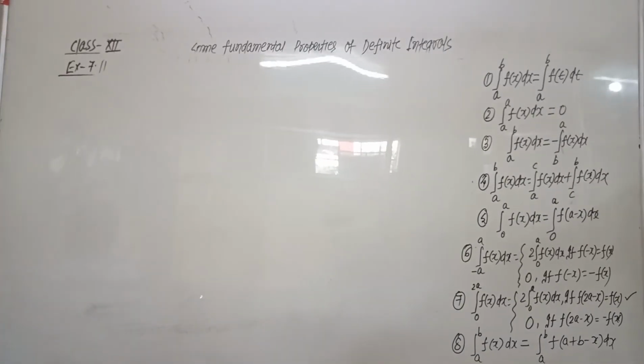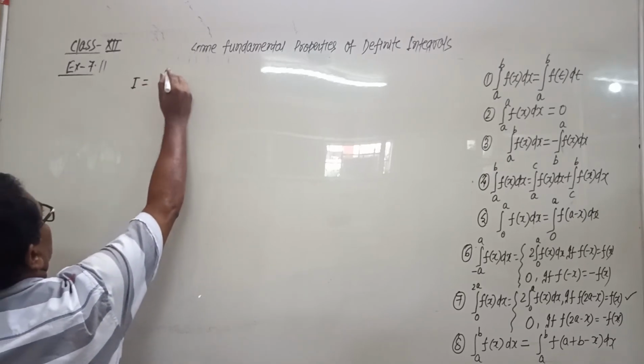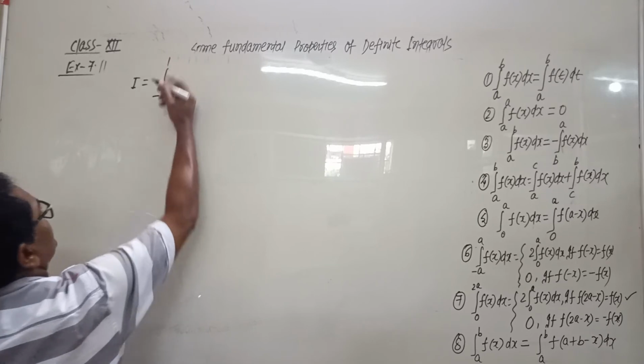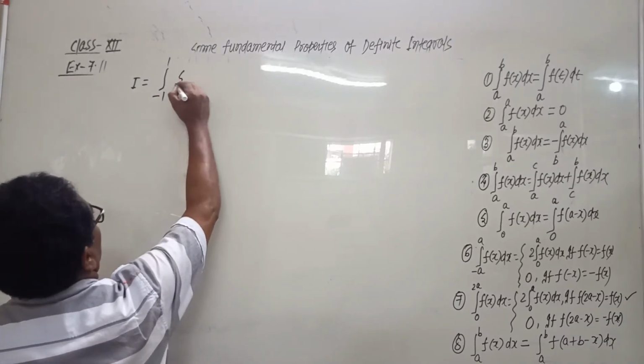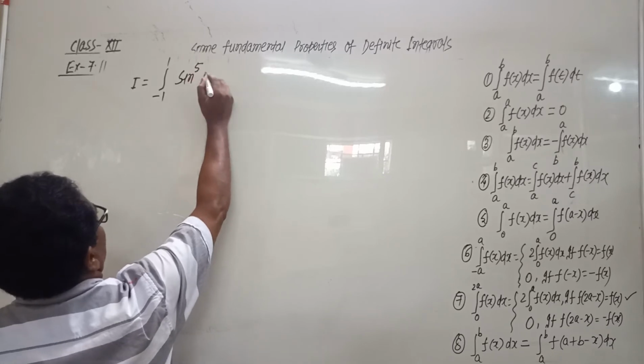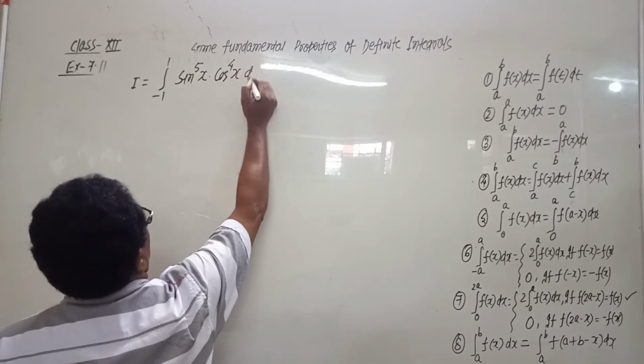Now another example: integration minus 1 to 1 sin raised to the power 5x into cos raised to the power 4x dx.